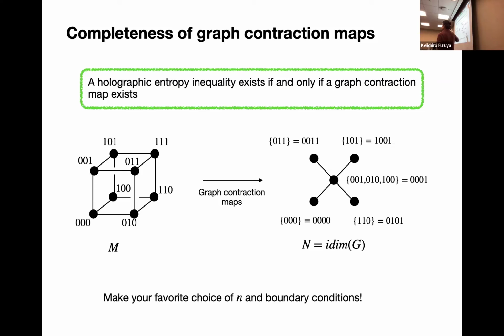So you take the contrapositive: if there does not exist a contraction map, there does not exist a holographic entropy inequality, and you prove this statement. Here we basically translate that proof to the graph theoretical language, and then it's basically the same statement.